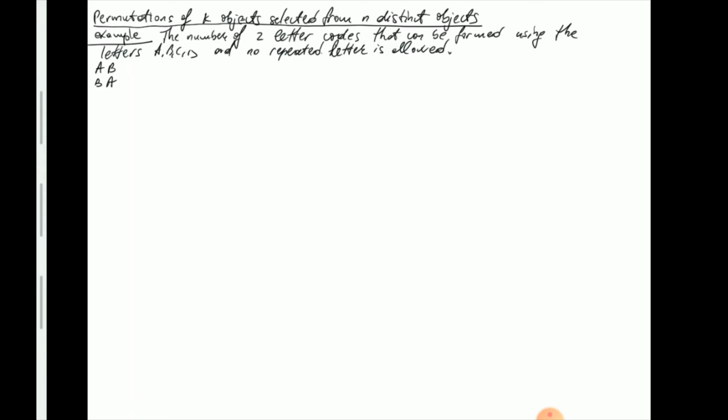These are 2 different codes, right? The problem suggests the order matters. If you write a password or a code, of course the order matters because BA is a different word than AB. And then let's do the other ones. You can have AC, CA, AD, DA, BC, CB, BD, DB, and finally CD and DC. So 1, 2, 3, 4, 5, 6, 7, 8, 9.